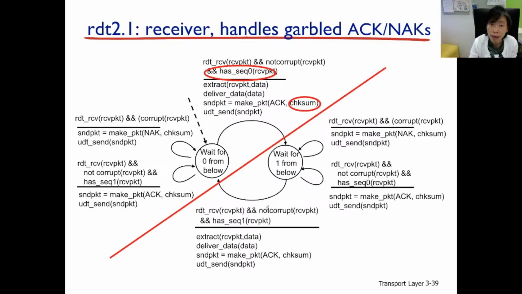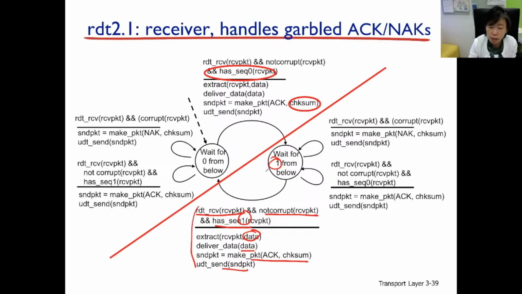Similarly, we'll be getting a packet from below, received, not corrupted, and carrying the expected sequence number 1. Happy again. Extract data out of the packet, pass it up to the application layer, generate an ACK with checksum, and send it back.